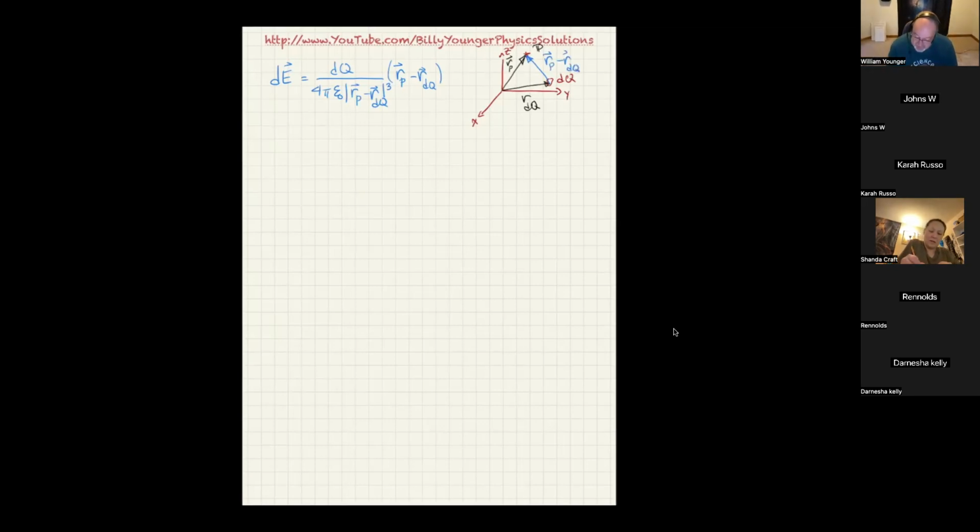Notice that is exactly the vector that points from the center of charge dq to the point P in question. So it definitely points in the right way. Notice also that its length is the distance between the center of charge of dq and the point P. So its magnitude is actually the R we're looking for. So that's the formula we're going to use.